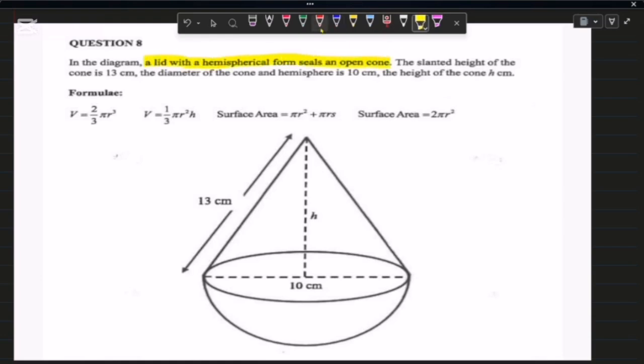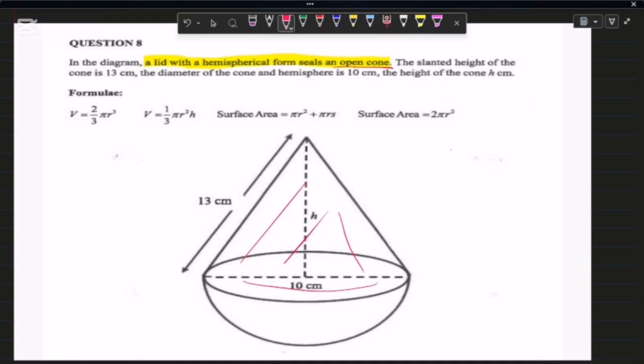What do they mean by that? They're saying that we have an open cone. We can see that this is the cone. The cone is open at the bottom, and to close the cone, we use a hemisphere lid.